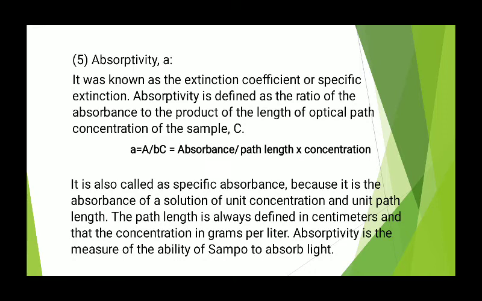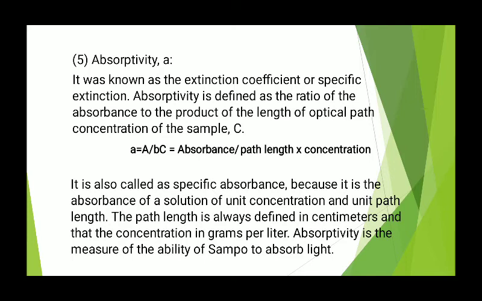Now, absorptivity. Absorptivity is denoted by the small letter a, formerly known as extinction coefficient or specific extinction. Absorptivity is defined as the ratio of absorbance to the product of the length of the optical path and the concentration of the sample. Mathematically, you can write small a is equal to absorbance A upon b into c.